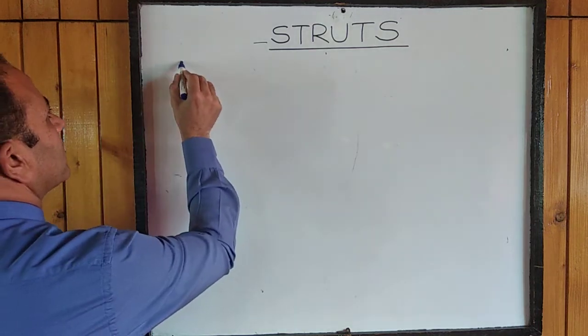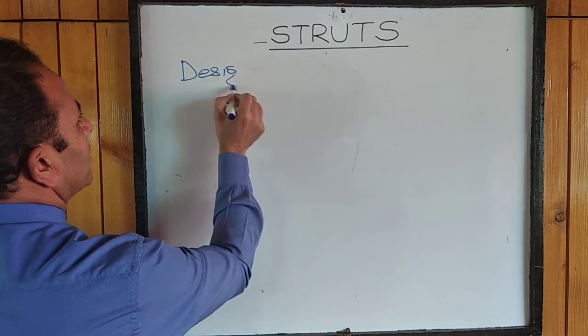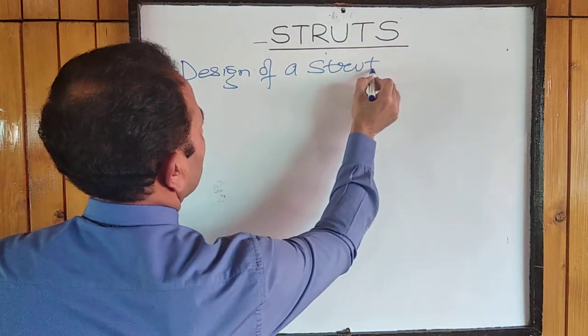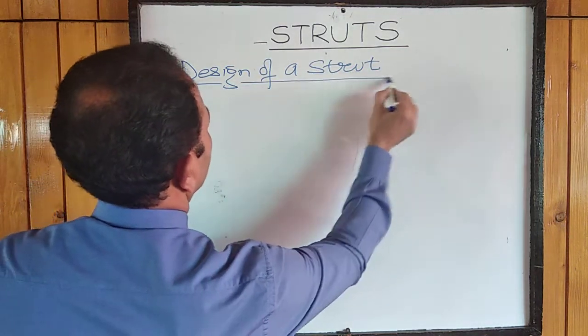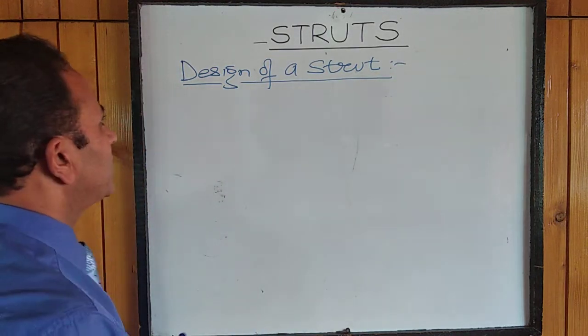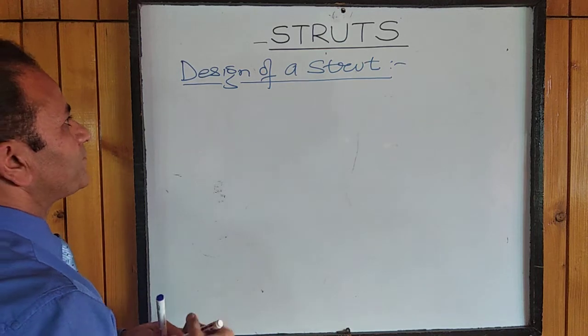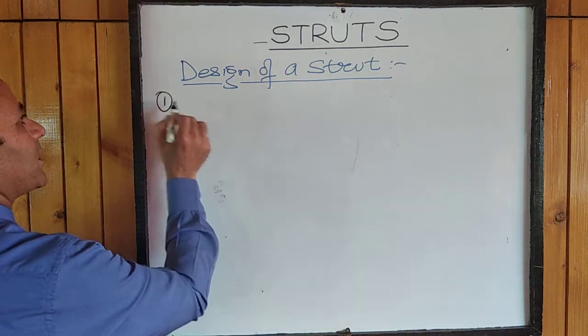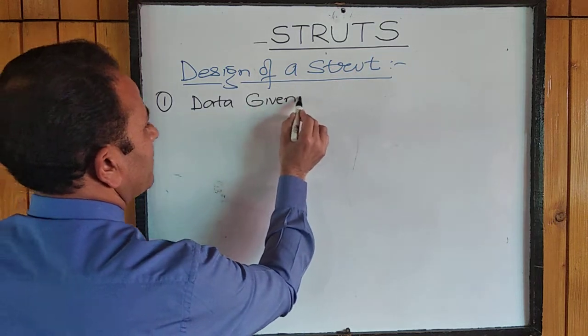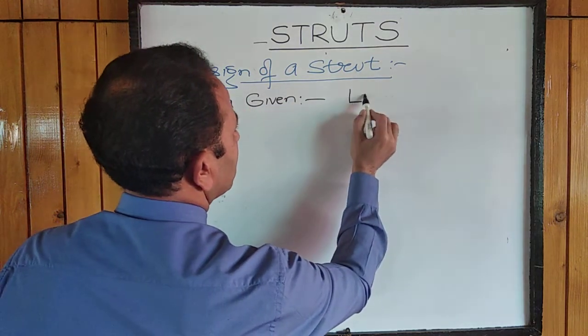Then we have the design of a strut. If the load is given and we have to select the member, then that will come under the design of that particular member. So in this, the data given this time, no section will be provided; load must be given.